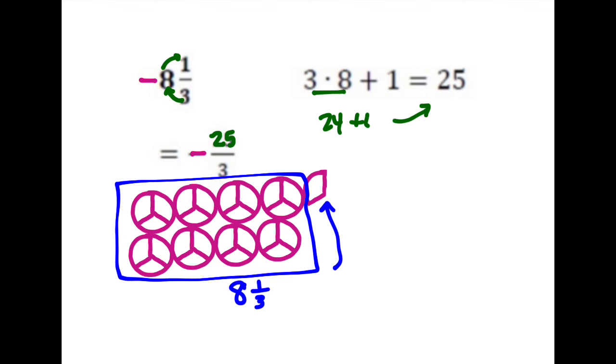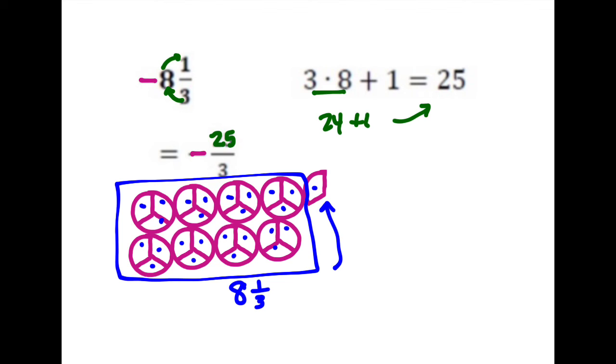So what we're doing is trying to figure out how many thirds we have total. Okay, so here's 3, 4, 5, 6, 7, 8, 9, 10, 11, 12, 13, 14, 15, 16, 17, 18, 19, 20, 21, 22, 23, 24, 25. Okay, so we have 25 thirds, just like we're talking about.